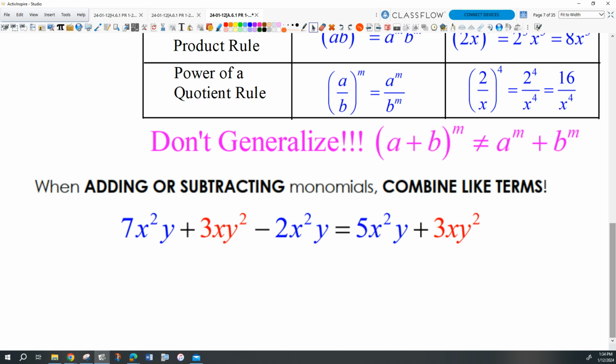Because the variables are different. You look at the exponents and the variables. The powers of the variables are different, so they can't be combined. We'll get back to that later.